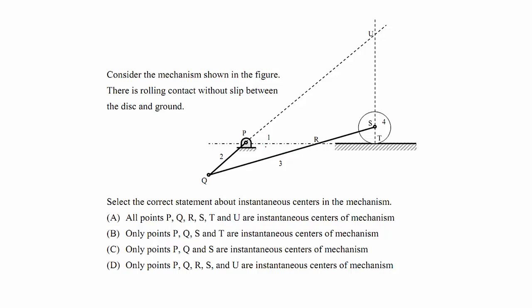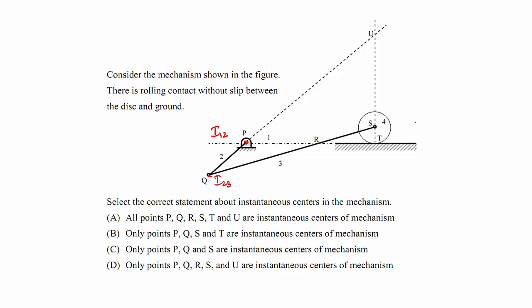So this is link 1, link 2, link 3, and link 4 is given to us, right? And we are required to locate all the centers. So this is I12, and this will be I23.